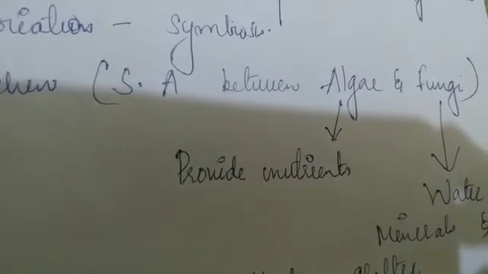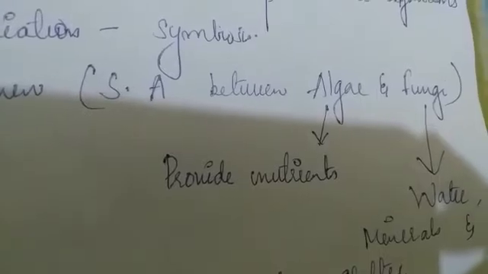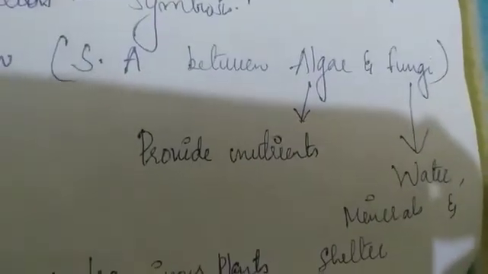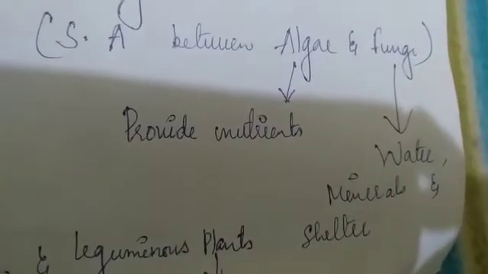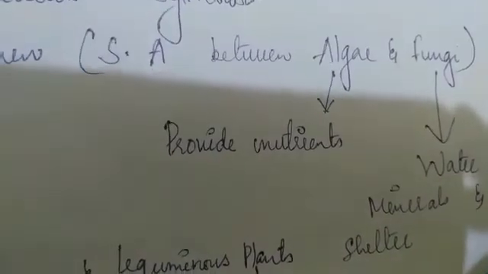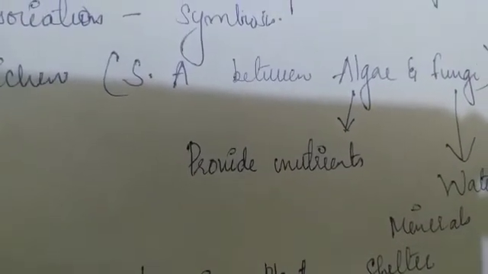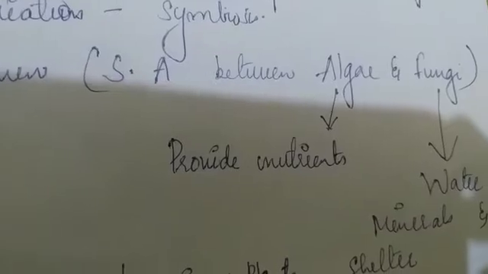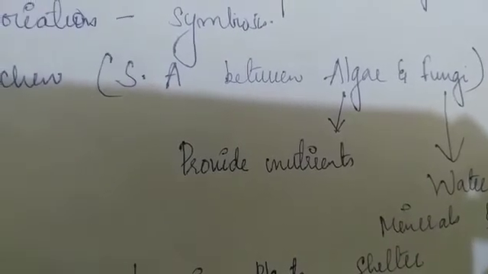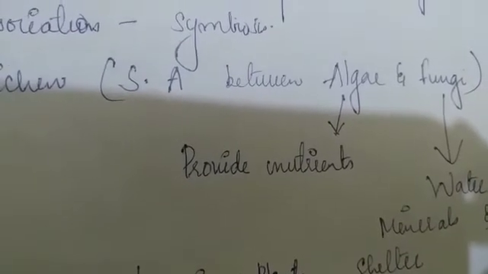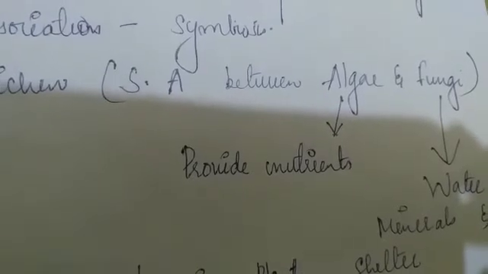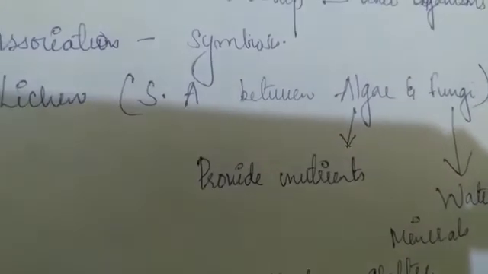Let us see how. The algae will provide nutrients and these nutrients will be taken by fungi, whereas the fungi will provide water, minerals and shelter to the algae. In this way both help each other, they will be benefited and no organism will be harmed.